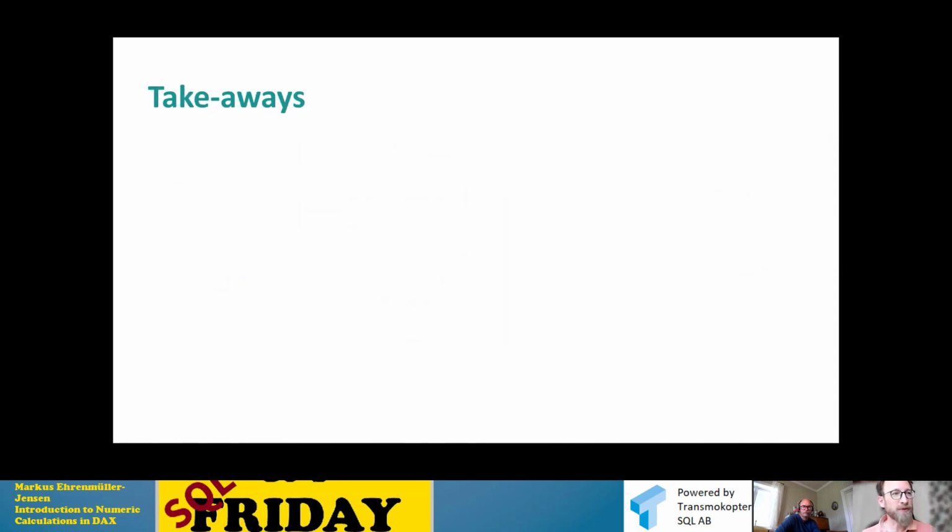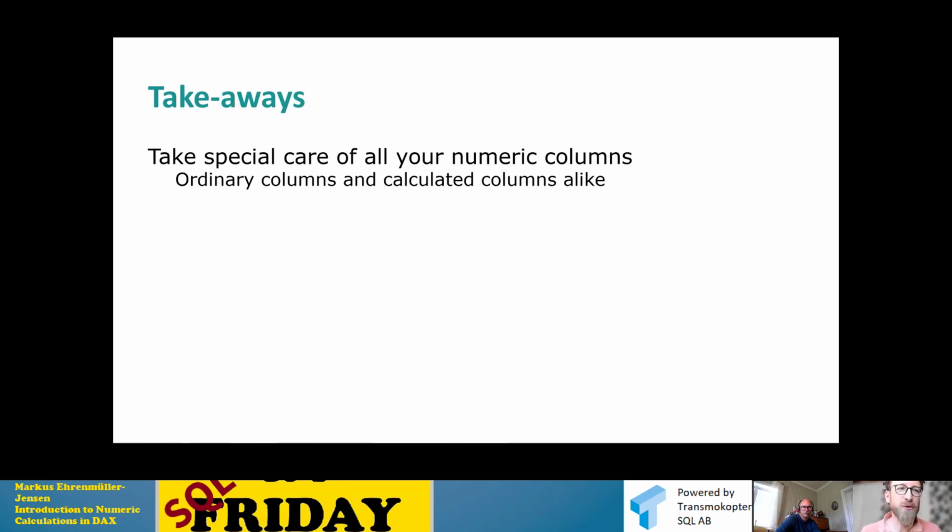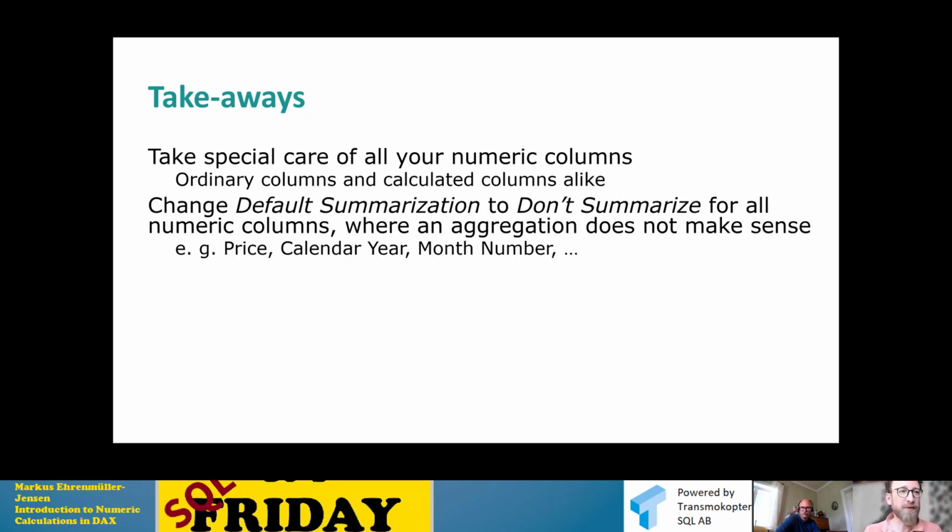So the takeaway of the first thing is, please take care of your numeric calculations. It doesn't matter if it's ordinary columns or calculated columns. Ordinary columns would be columns you import from your source, so take care of the default summarization. Set it to don't summarize for all of the columns where you don't need any aggregations.